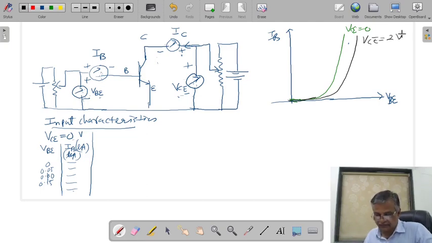I want to show the two graphs, that is why I changed the things. Look here again.